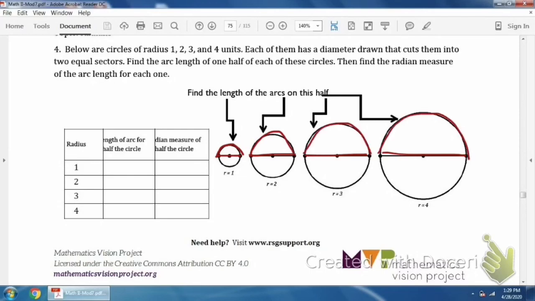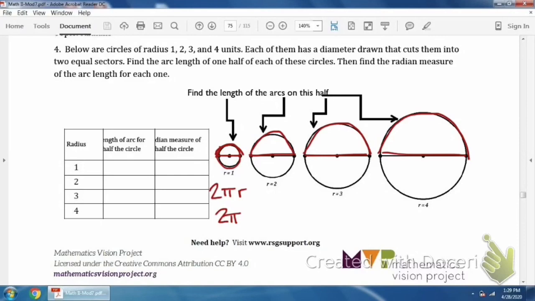So they're starting you out with a basic thing, trying to get you to see a shortcut. Really all we're going to do is find the circumference of each circle and divide it by 2, cut it in half. If the radius was 1, remember circumference is 2 times pi times r. 2 times 1 is 2, times pi would be 2 pi. So the circumference of the whole circle would be 2 pi.